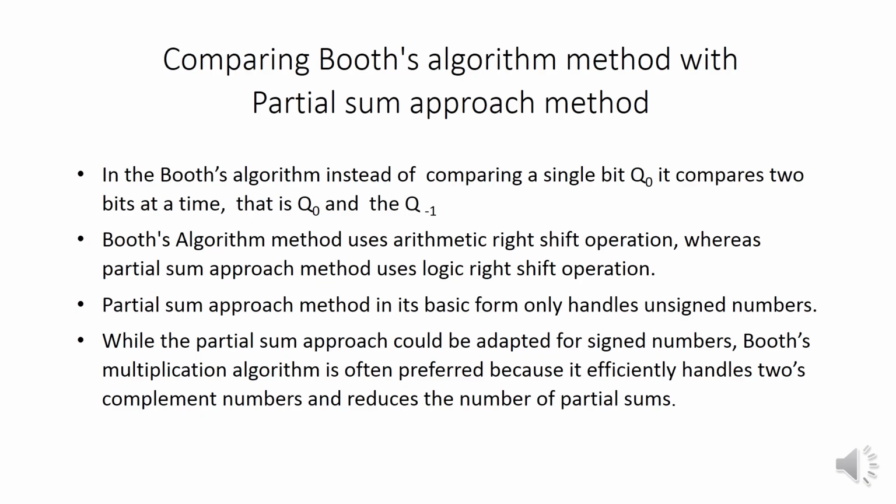In a previous video, I explained the difference between logic shift and arithmetic shift, so in case you need it, you can check it. The partial sum approach, in its basic form, only handles unsigned numbers. While it could be adapted for signed numbers, Booth's multiplication algorithm is often preferred because it efficiently handles 2's complement numbers and reduces the number of partial sums.